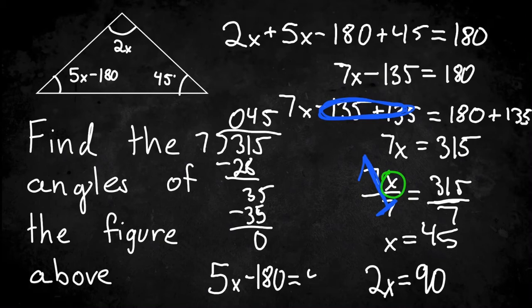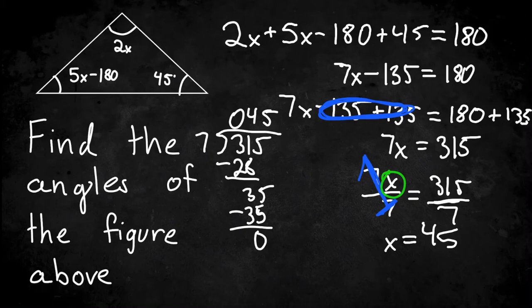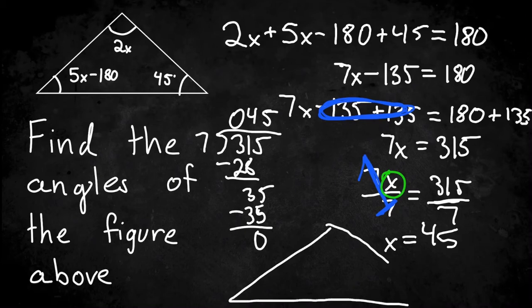So now that we know that, let's say this is the triangle. Let's try it nicely. This is 45, 45, and 90 degrees.